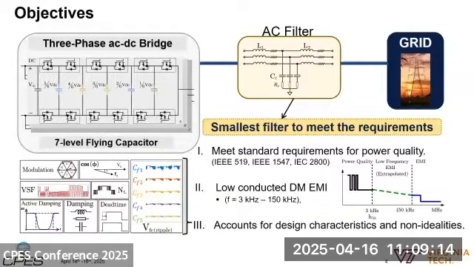Second, currently there is no standard for the low frequency EMI, for example the range between 2-3 kilohertz to 150 kilohertz conducted EMI. But there's an IEEE committee, SC77A, that is currently investigating the need for regulating that in medium voltage.